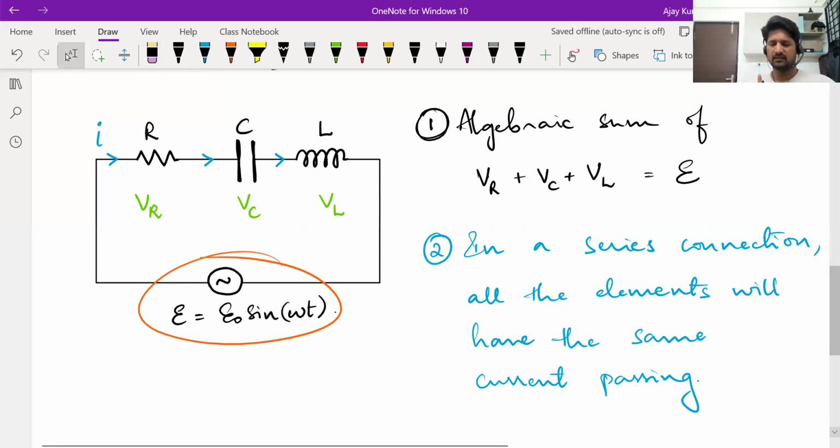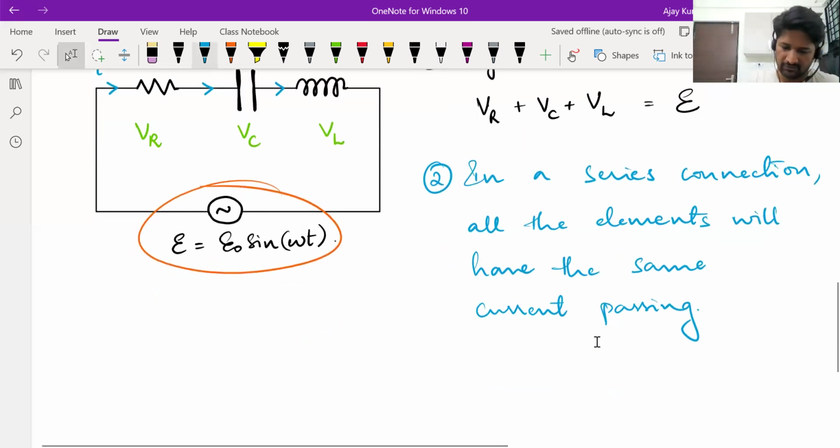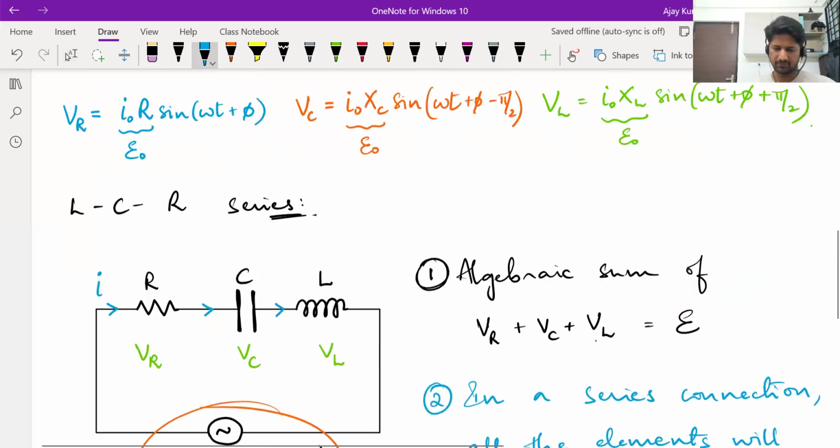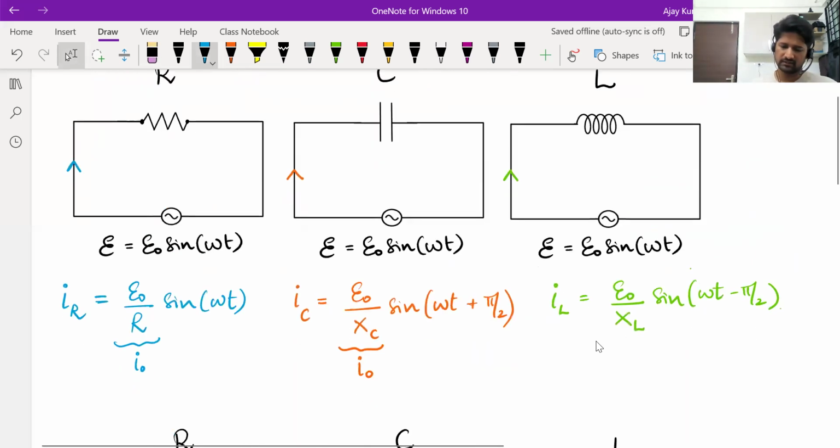Listen, the idea, as I said, is that the current will be the same in all three of them. What does the resistor try to do? It tries to keep the current in the same phase as the EMF. Capacitor tries to make it lead. Inductor tries to make the current lag. Therefore, the effective current in this case will be somewhat like this. Observe the previous equations. If it's only a resistor, it's E naught by R sine, same phase as the EMF.